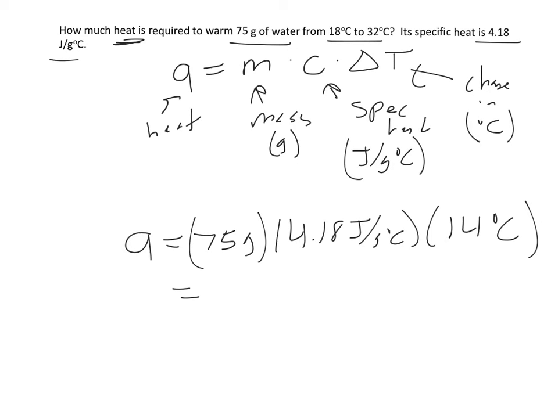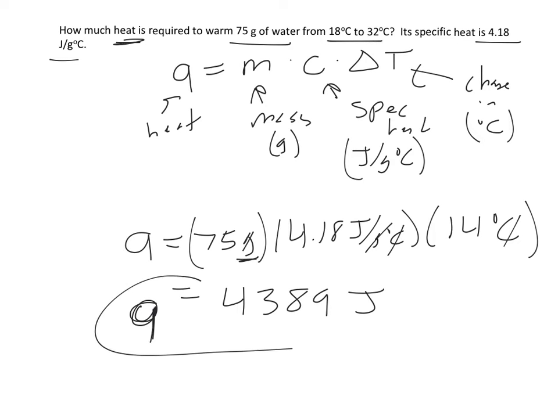So 75 times 4.18 times 14, and I get 4,389. And the units, if this is in grams, the grams will cancel, Celsius will cancel, and I'll be left with joules. So this is how much heat it takes to raise the temperature of water by that much in joules.